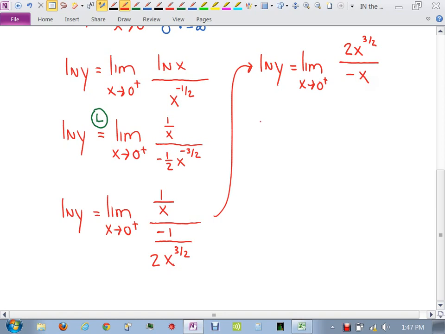Can't I reduce that power of x there? X to the 3/2 divided by x is what? X to what power? Remember, you subtract exponents. 3/2 take away 1 is 1/2. So you get x to the 1/2, don't you? And that's square root of x. And then I still had a negative, didn't I?